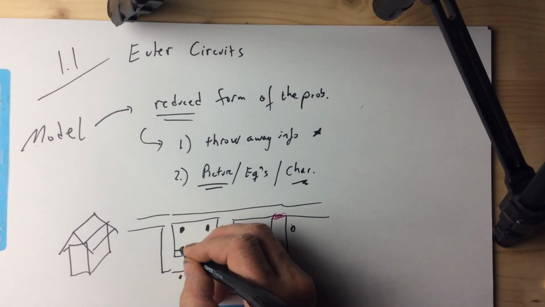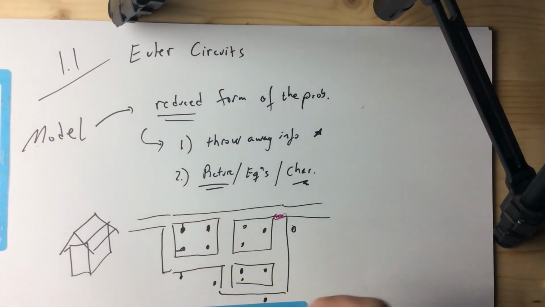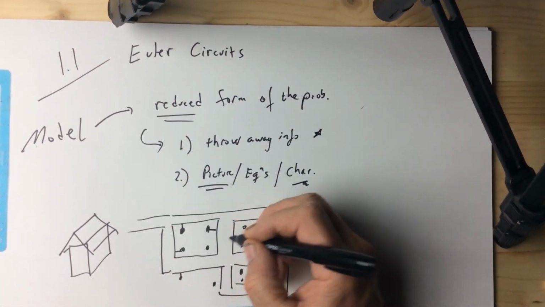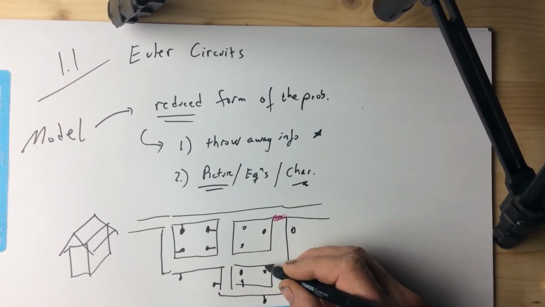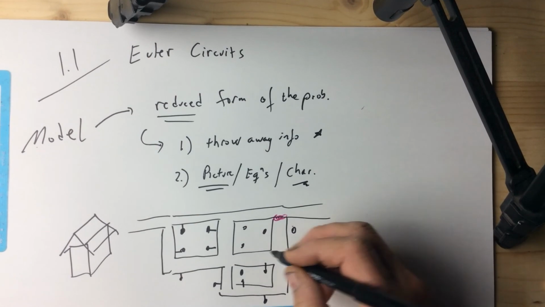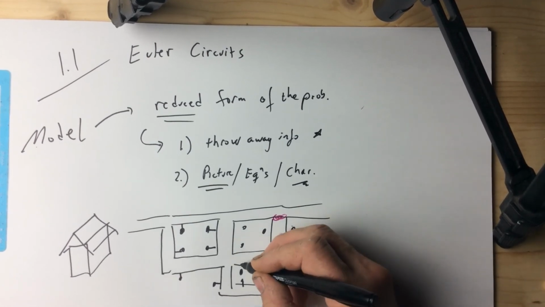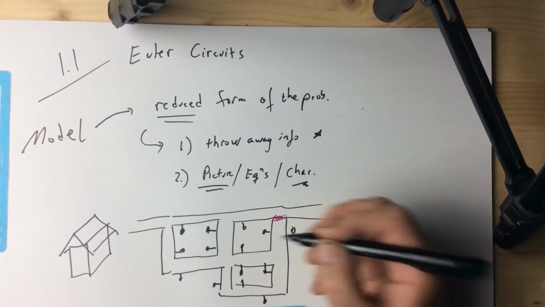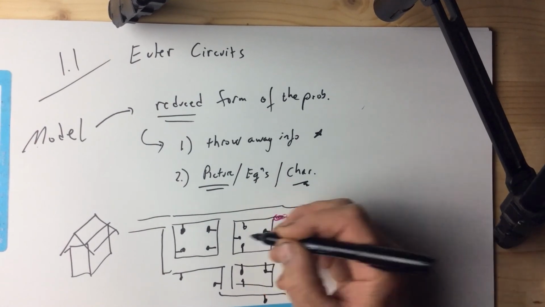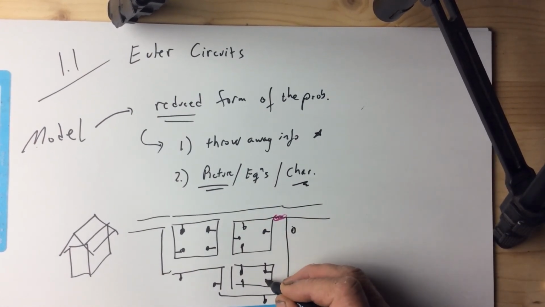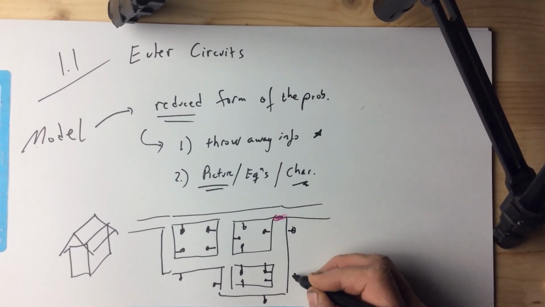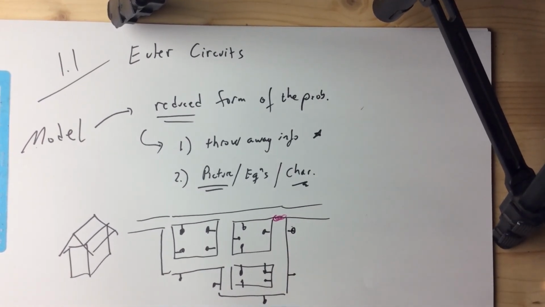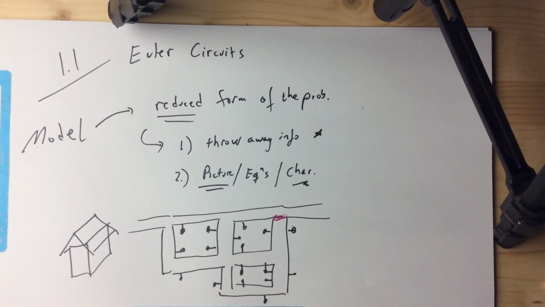Let's also say how they connect to a road. We're going to put another one here, and another one here, here.